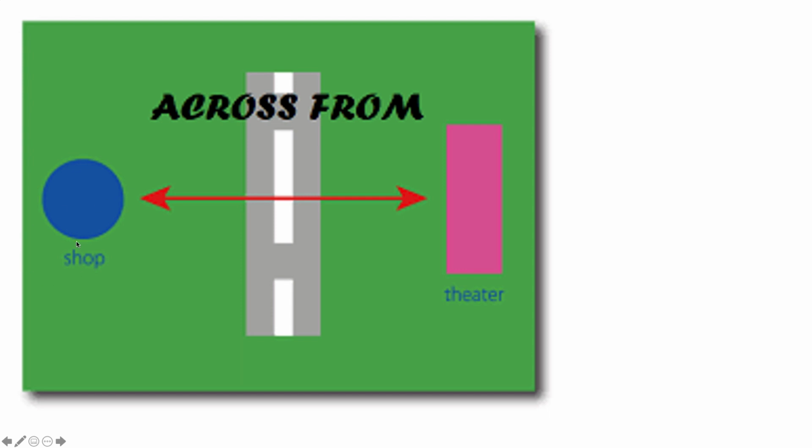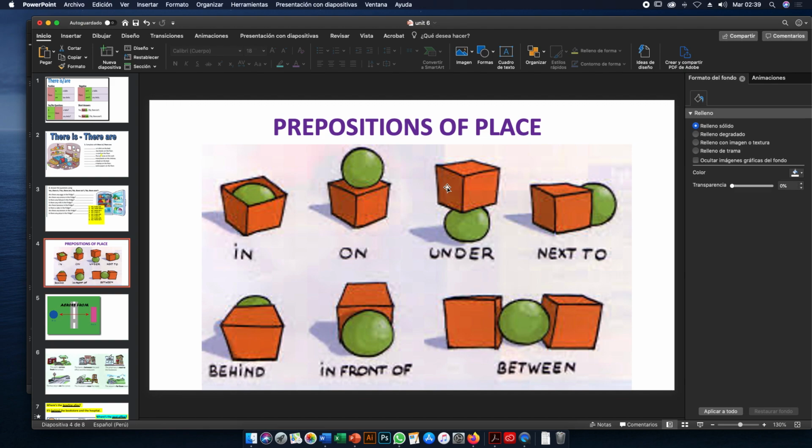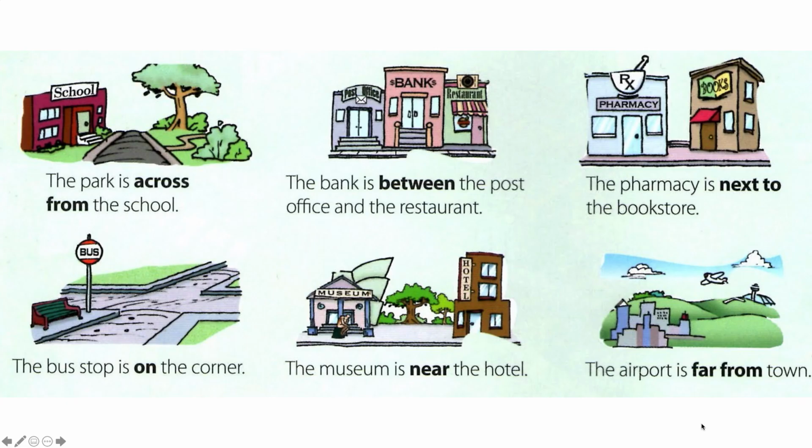For example, the shop is across from the theater, or the theater is across from the shop. So these words, as I told you before, indicate position, and they are called prepositions of place. Here we have some examples in which you can see how these prepositions of place have been used.